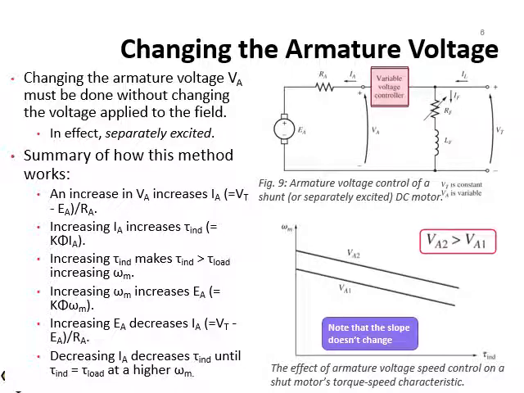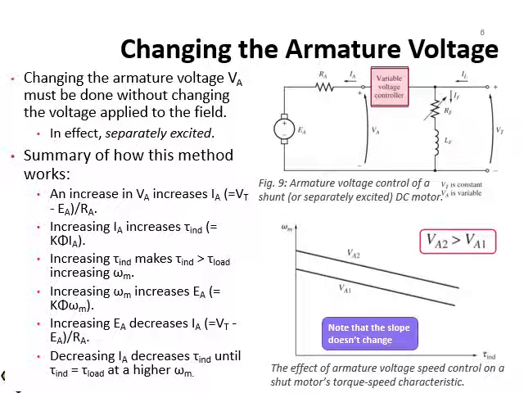Okay, so now we have the second method for controlling the speed, which is changing the armature voltage. And remember that the notation for armature voltage is VA.